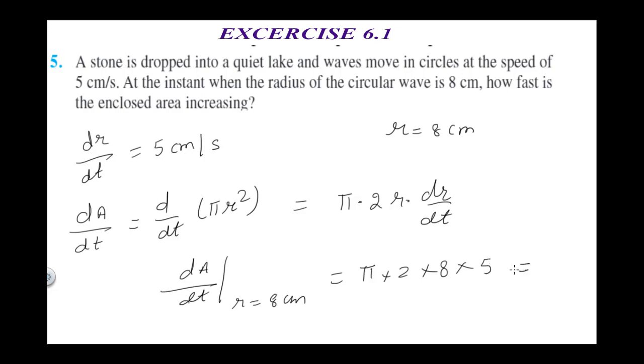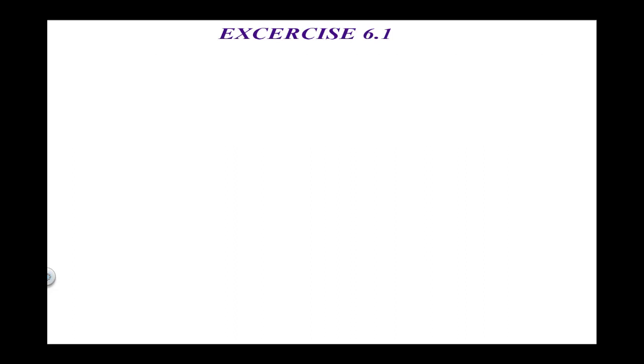Clear? So what is the answer we get? 80 pi. What will be the unit? Square centimeter per second. So this is how you are going to solve by placing the value of r and dr by dt. Clear? Let us move to the next question. The only thing in this question was to see what is the rate of change of radius. Let us go to next.